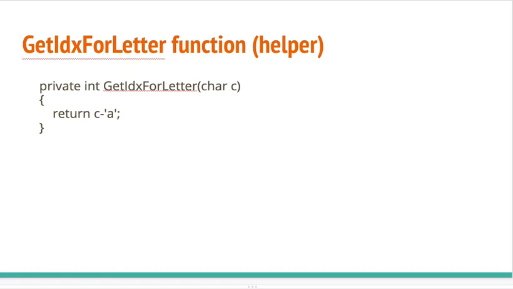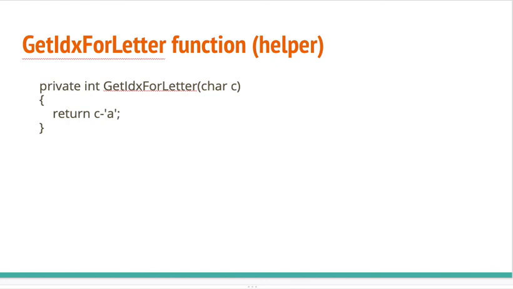If the character is b, we are transforming that to 1. If the character is c, we are transforming that to c minus a, that means 2, right? Even the character variable name here, c, I'm referring to the real character c. Okay, if the character is d, d minus a will be 3.